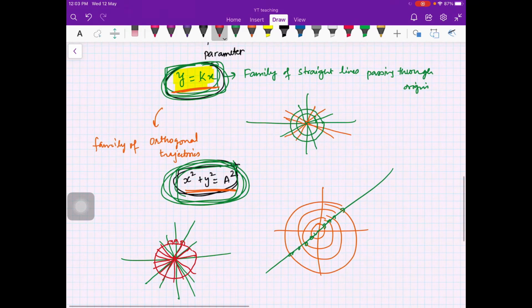So here we say that this family of curves is an orthogonal trajectory for this family of curves. Is that okay? So when you have a family of curves and then you find another family of curves such that they are mutually orthogonal, every member to the other member of the family, then we call them orthogonal trajectories.